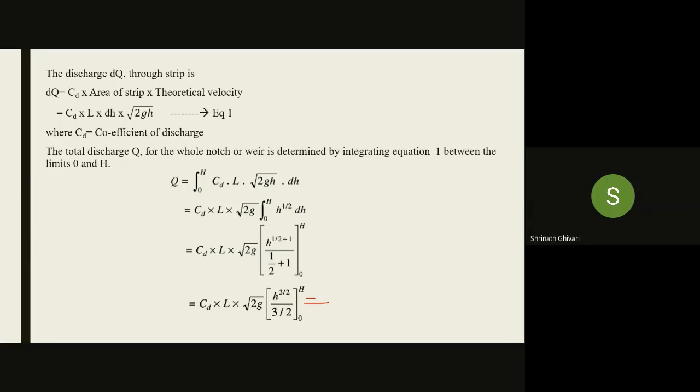Cd into L into square root of 2g will remain the same. There is no change in that. What will change here? You have to put this H here: h raised to 3 by 2 divided by 3 by 2 minus, you can put 0 here, but there is no use. So what will be the final expression? Can anyone tell me?